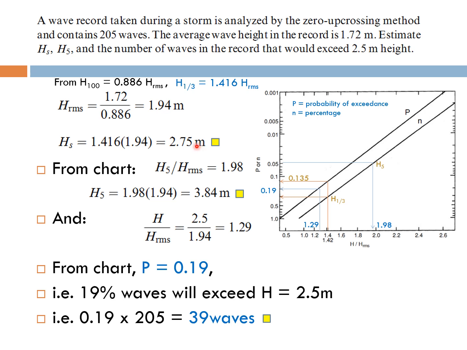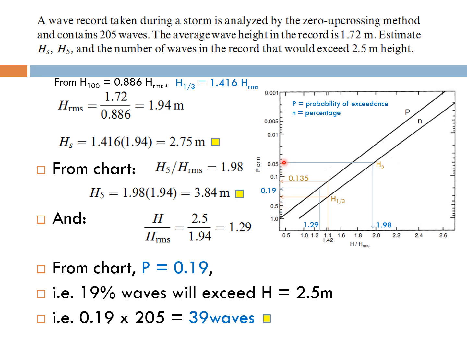Okay, so now we're going to move on to estimate the H5. Let's say we're going to use this chart right now. Our interest is H5, so we will find out H5 from the chart. H5 represents the top 5%, which means 0.05. 0.1 is 10%, 0.5 is 50%, so 5% is this 0.05.